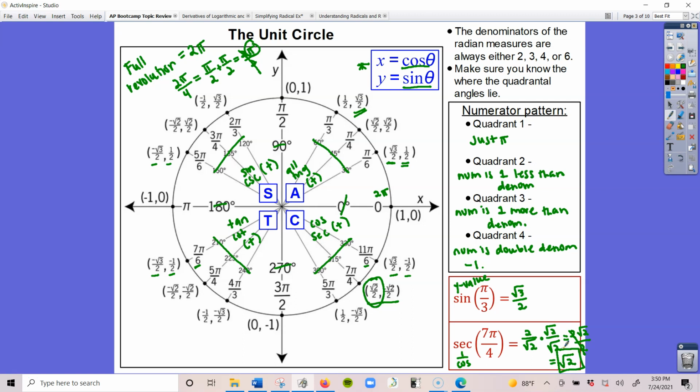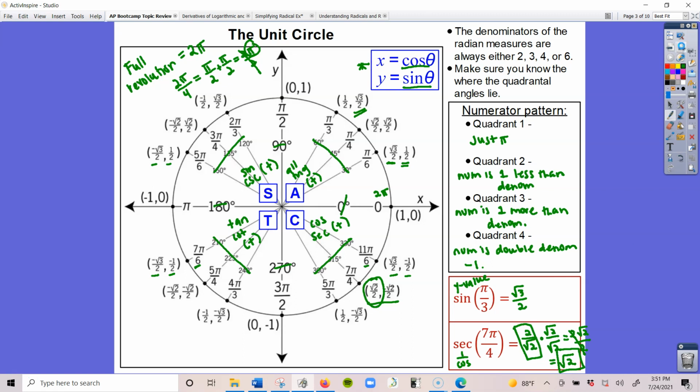So sometimes we'll rationalize because we'll need to for multiple choice questions to be able to identify the correct answer. But if this was a free response question, you wouldn't necessarily need to rationalize. You can leave your answer just like this. But we're going to practice both anyway, so that way you'll know how to identify both the rationalized version and the non-rationalized version, because really it's the same exact answer.